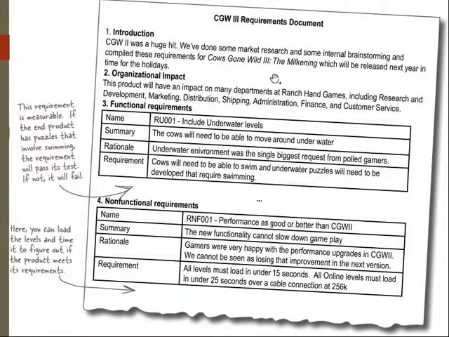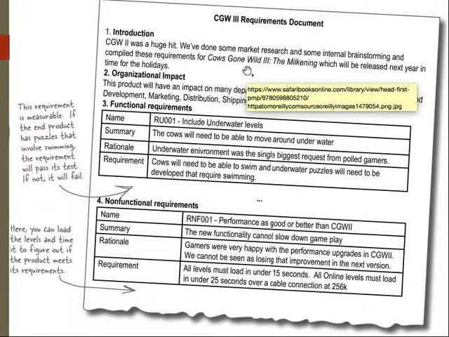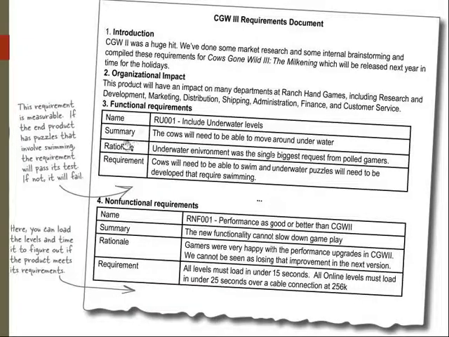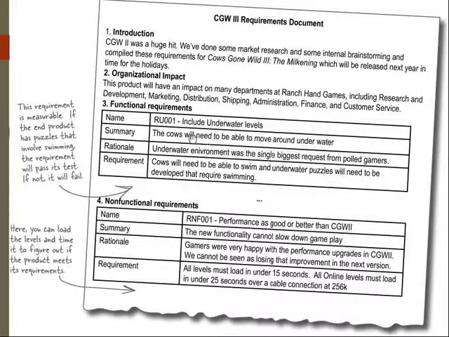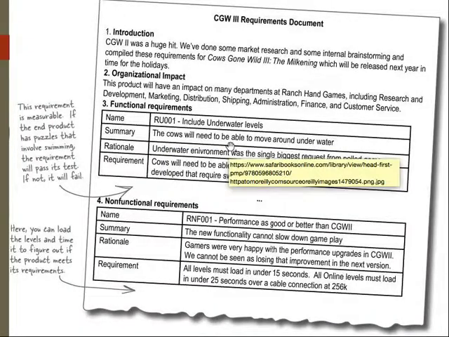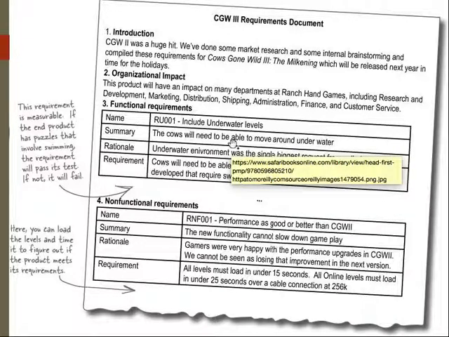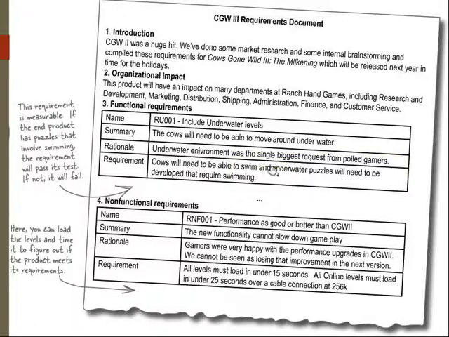The characters in this game would be cows, right? So maybe one feature of this game is for the cows to be able to move underwater. The cow can move anywhere.